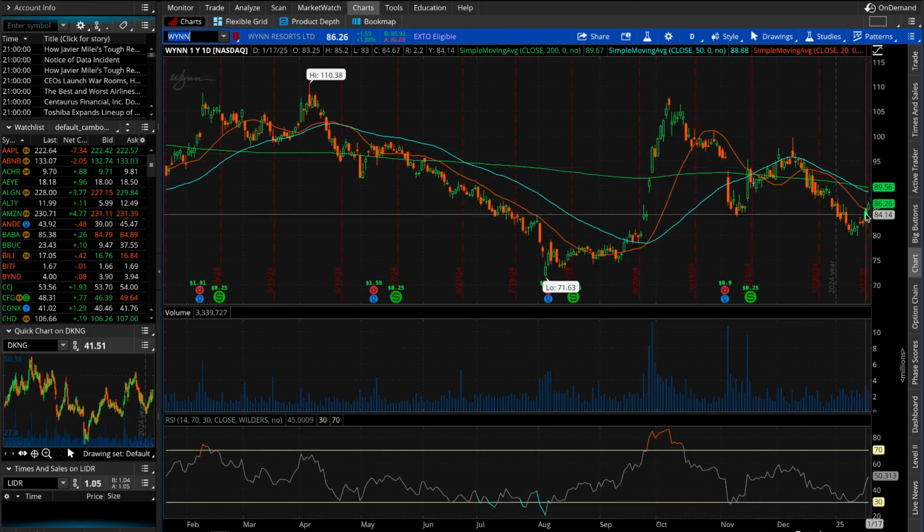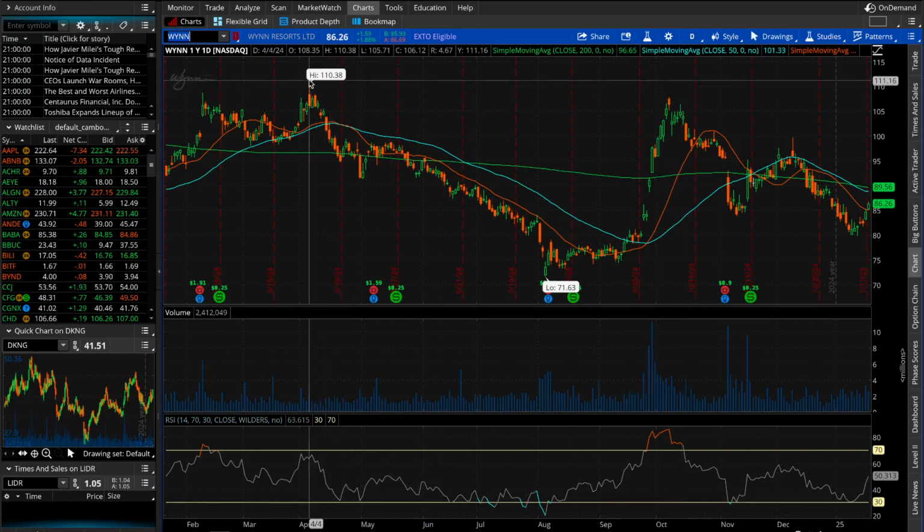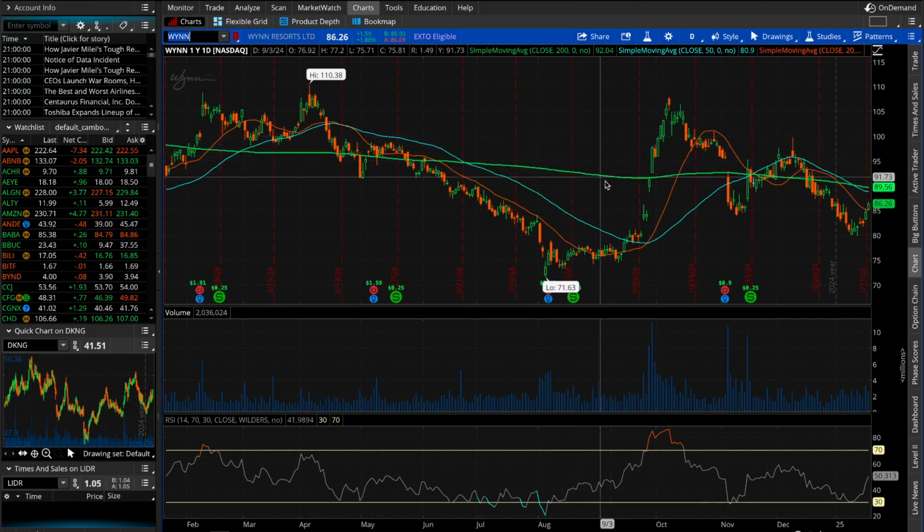If I were to buy this right here at 86.26, when it gets to around 100, between 100 and $105, I'm probably looking to get rid of this. I know it popped up to 110 here, but as you can see, that doesn't happen too often. It doesn't get above 100 too often.